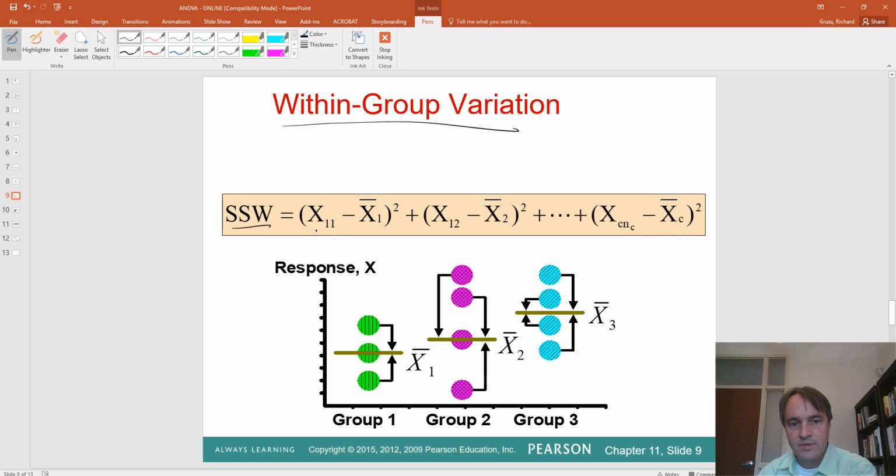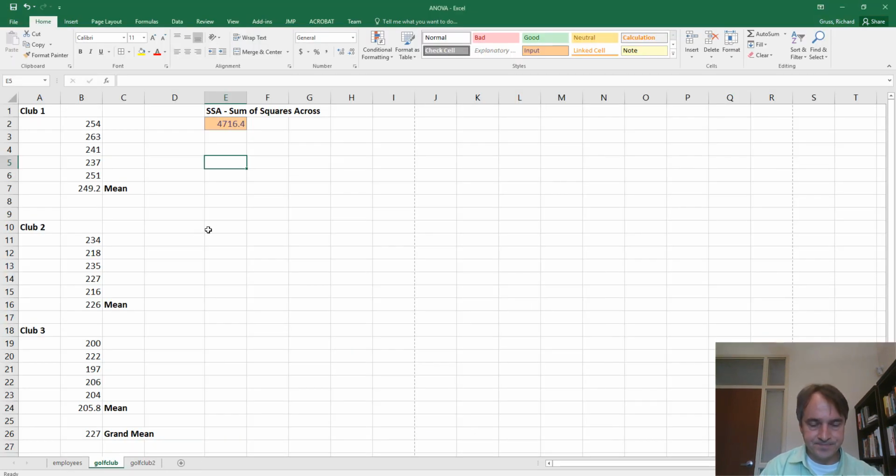If we call this group 1, observation 1, we want to know its distance from its group mean, and then we're going to square that, and then add them all up. So we should have as many of these expressions as there are observations. Okay, so let's go ahead and do that. That's going to take a couple of different steps, but we'll do that on our spreadsheet here.